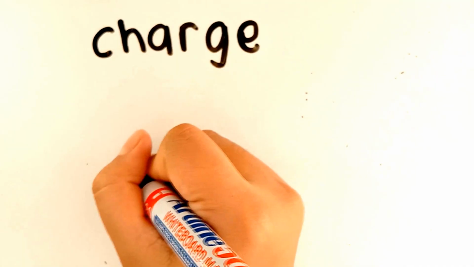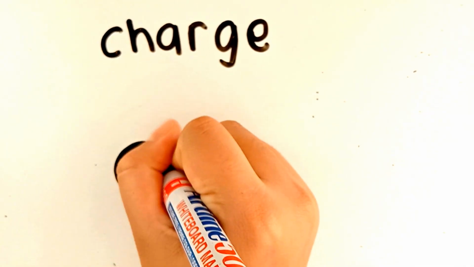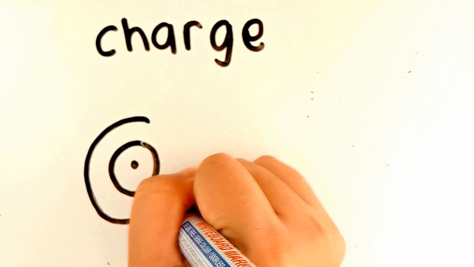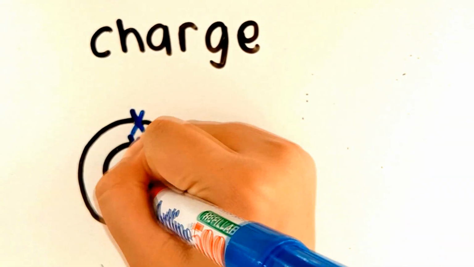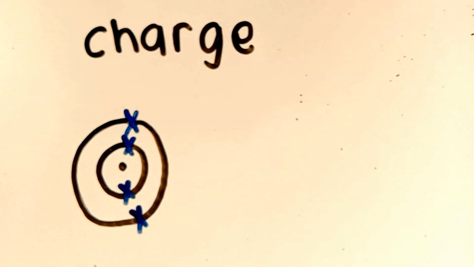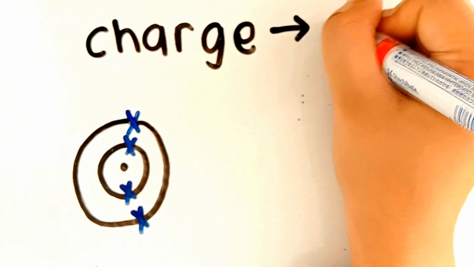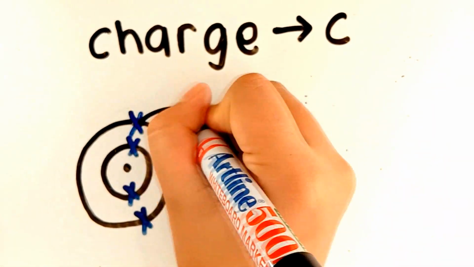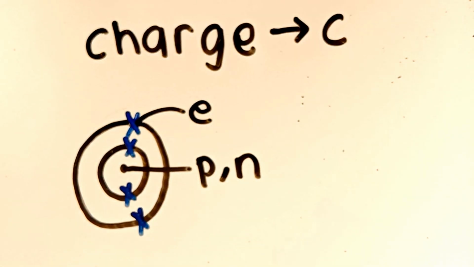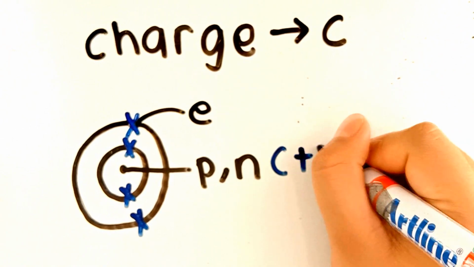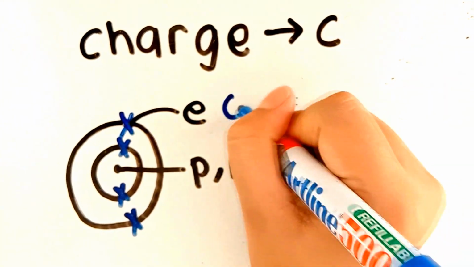So, I want to continue about electric charge. What is charge? Charge is an electrical property of the atomic particles of which matter consists, measured in coulombs. Each atom consists of electrons, protons, and neutrons. The nucleus is positively charged and has the protons and neutrons.